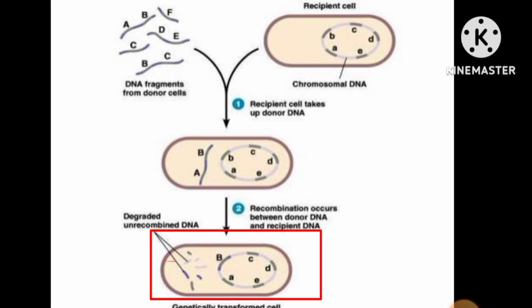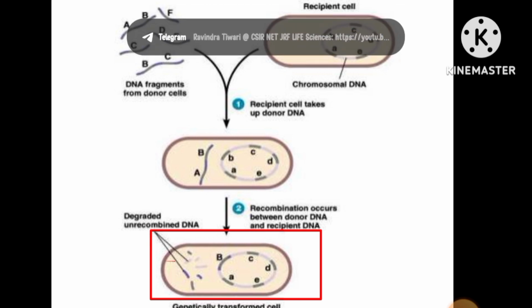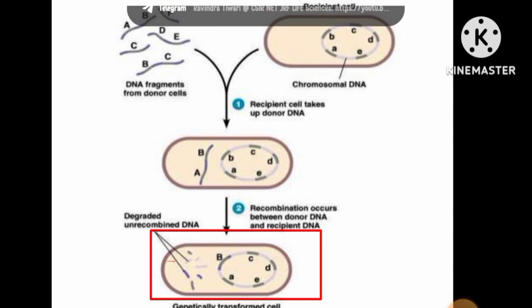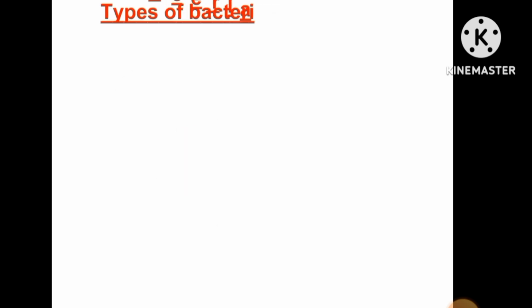And this one is a completely transformed cell. Transformed cell means that the DNA fragment of the donor is incorporated or inserted into the DNA of the recipient, and then it is called a transformed cell.